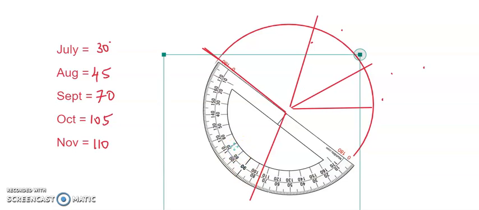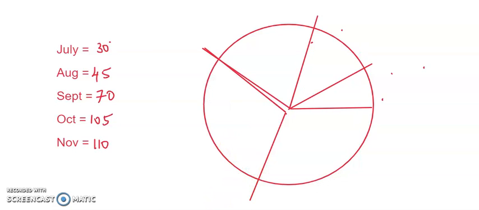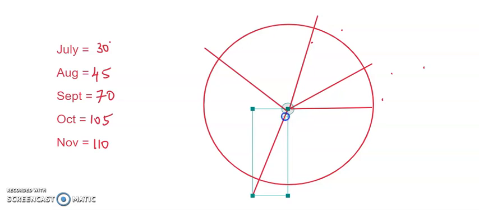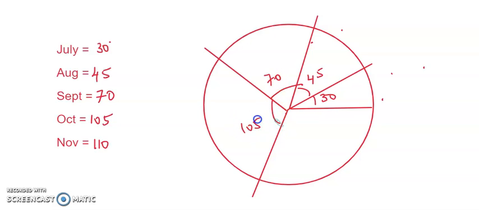It's very difficult for me to rotate, so that's why there is a mistake you can see here, right? Okay, when you measure them exactly, this should be 30, 45, 70, 105, 110. Okay, and then you label them July, August, September.